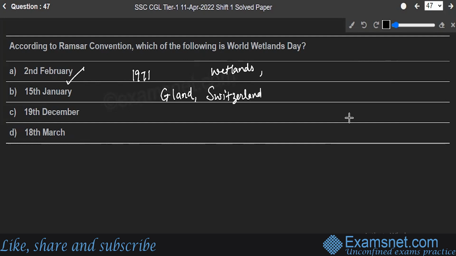And according to Ramsar Convention, the first acknowledgement of the world's Wetlands Day was given to the Iranian city of Ramsar on the Caspian Sea's bank.